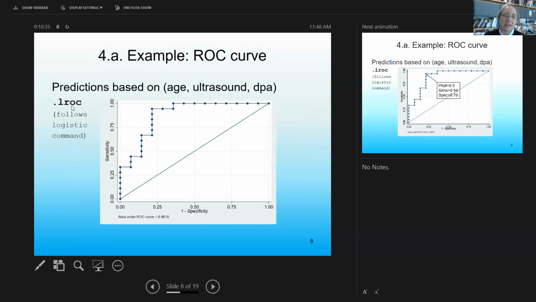This is the ROC curve that actually results in our data for predictions based on age, ultrasound, and DPA. And so once again, a perfectly discriminating rule would achieve 0 false positive fraction at the same time as perfect 100% true positive fraction. And so the curve would just look like a square.